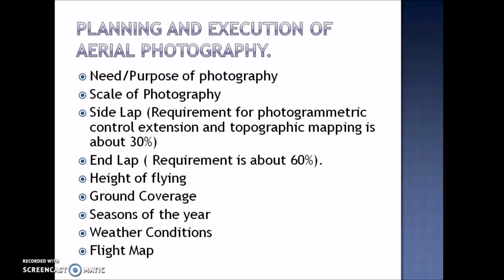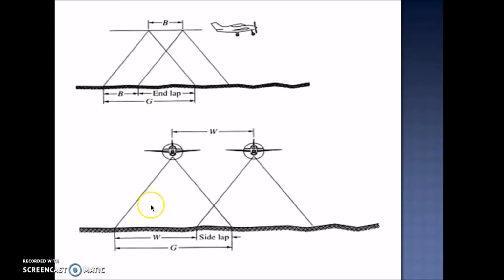Okay, the next one is side lap. If you want to know about the side lap, I'll just show you the picture first. This is called side lap. If two aircraft are side by side and taking photographs, that lapping zone is called side lap.